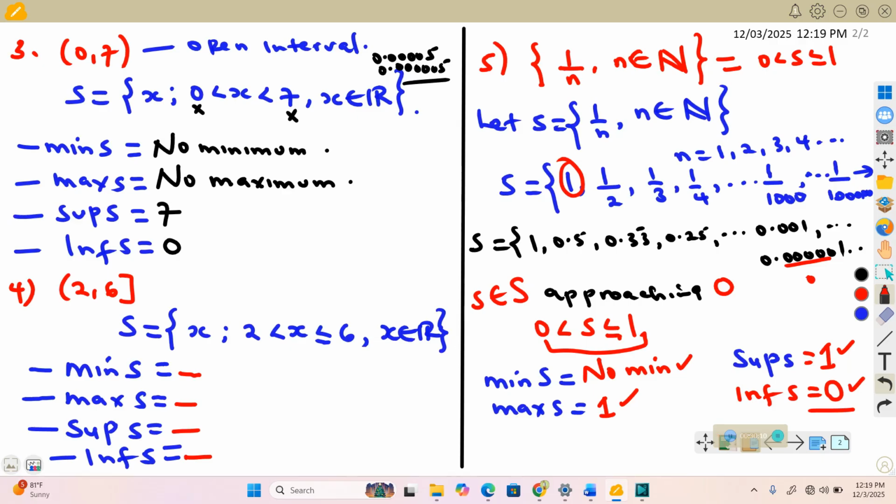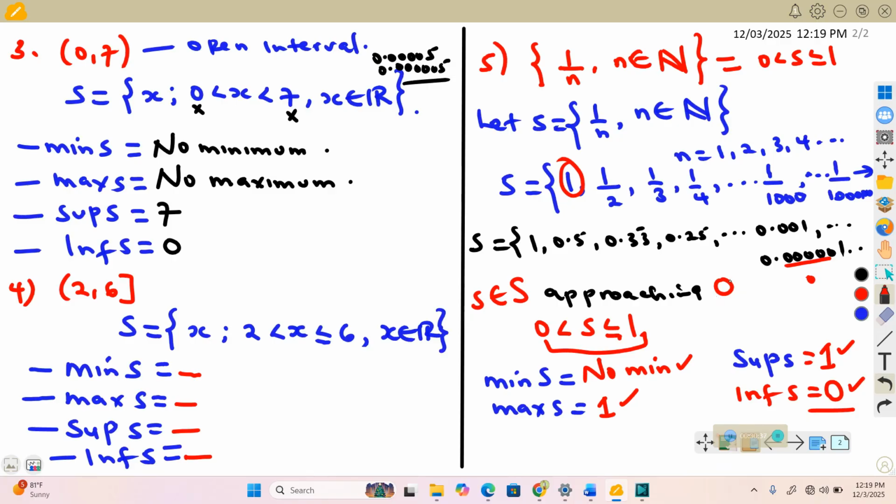Okay, so that one is done. Let us look at the next one now. Before we come to the next one, we said all these elements are approaching 0, but no element within this given set will ever go beyond 0.